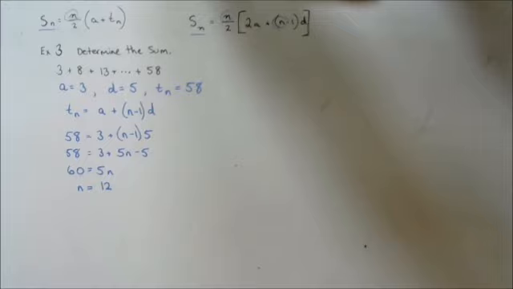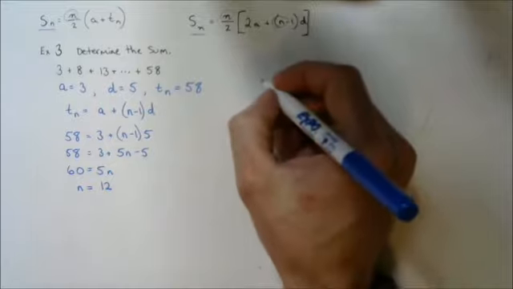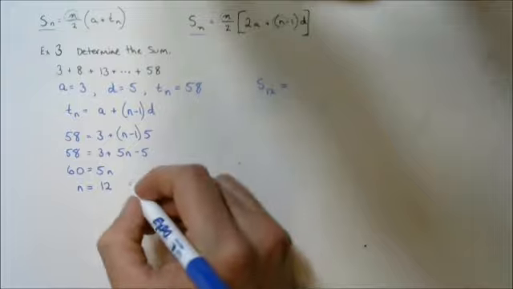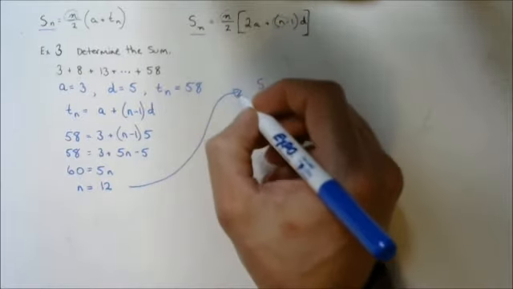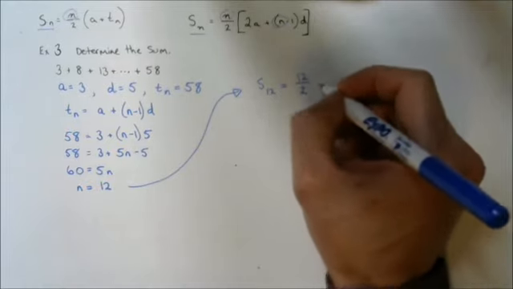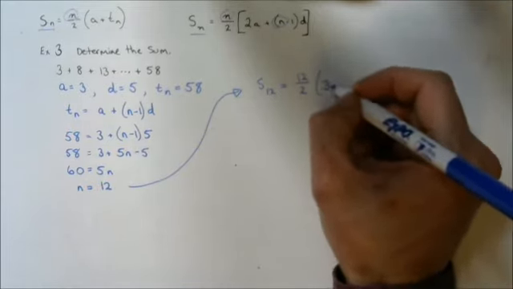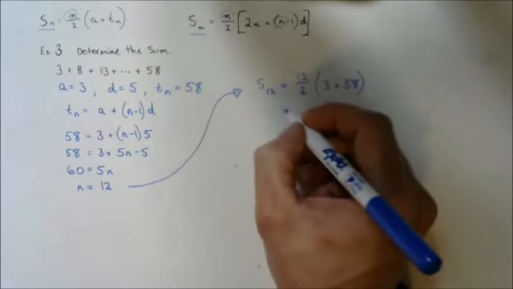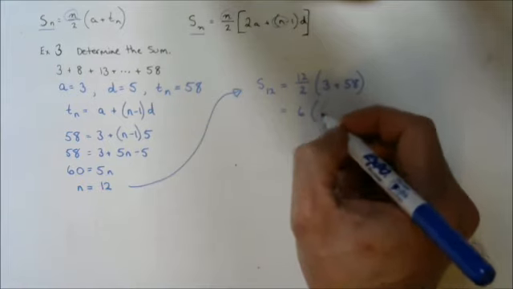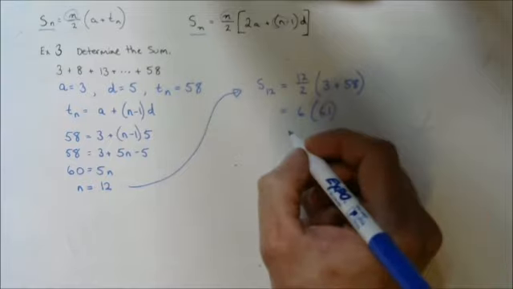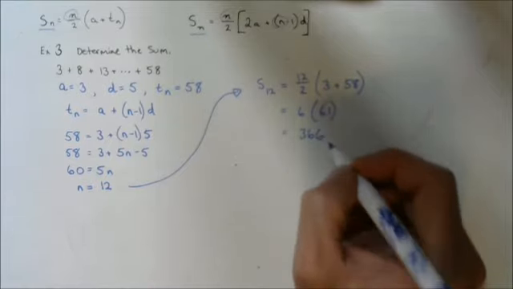Okay, now that I know that n is 12, I can sub it into either formula. I am going to use the first formula because it's easier. And I know now that I'm looking for the sum of the first 12 terms. So we've got 12 over 2 times 3 plus 58, which is 6 times 61, which gives us a final answer of 366.